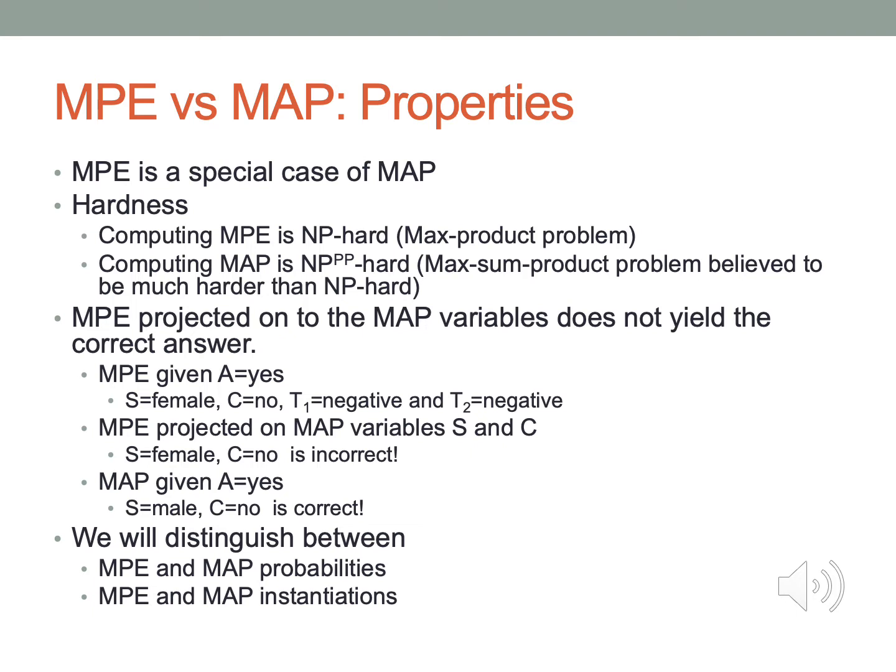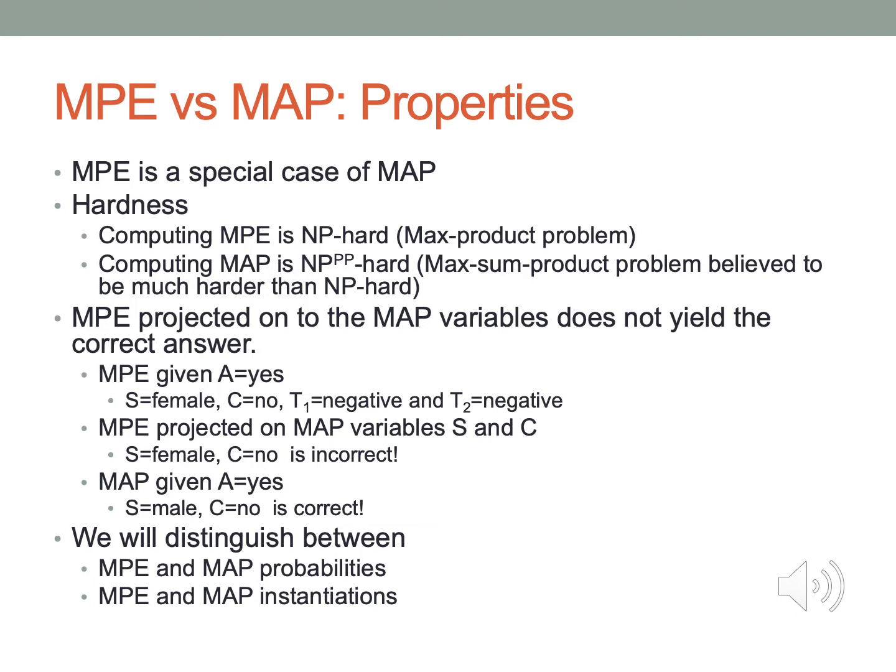If we project this tuple over S, C, T1 and T2 on the MAP variables, which are nothing but S and C, we get the tuple S equals female and C equals no. Unfortunately, this is incorrect because the correct MAP tuple is S equals male and C equals no. And again, you can verify this.